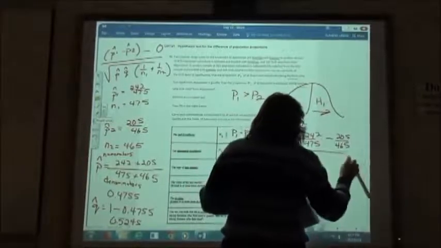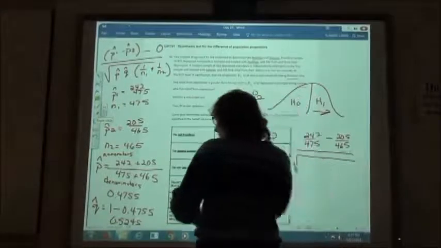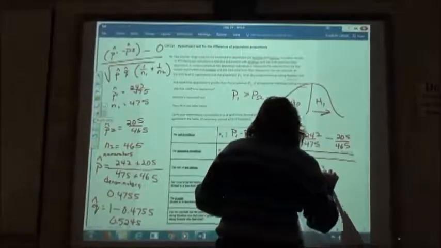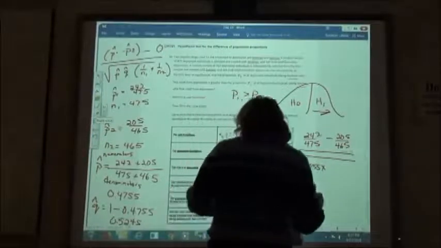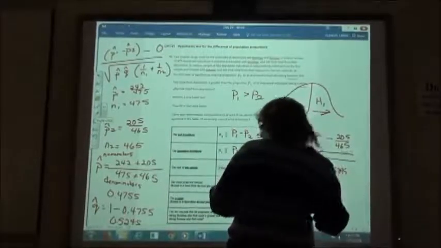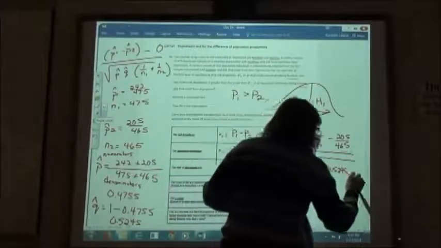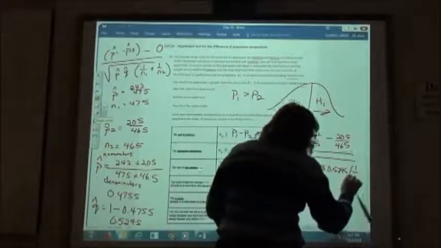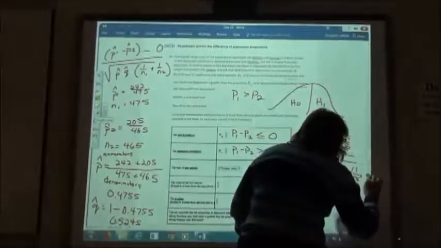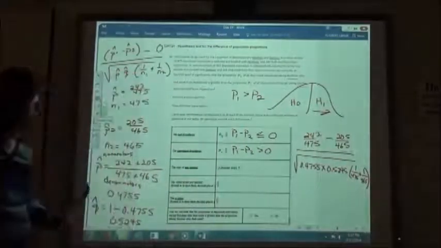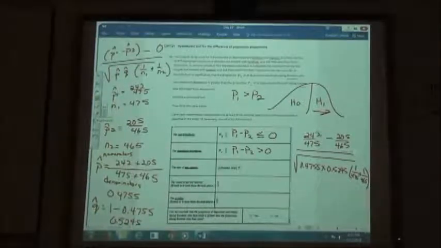That's going to be over the square root of 0.4755 times 0.5245 times 1 over N1, which is 475, plus 1 over N2, which is 465. All of that has to go underneath the square root.